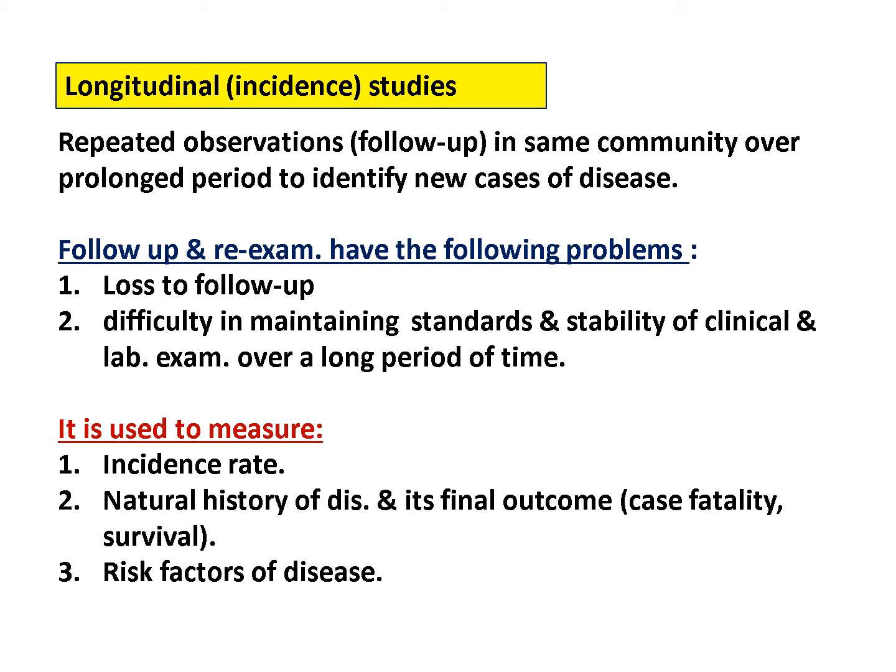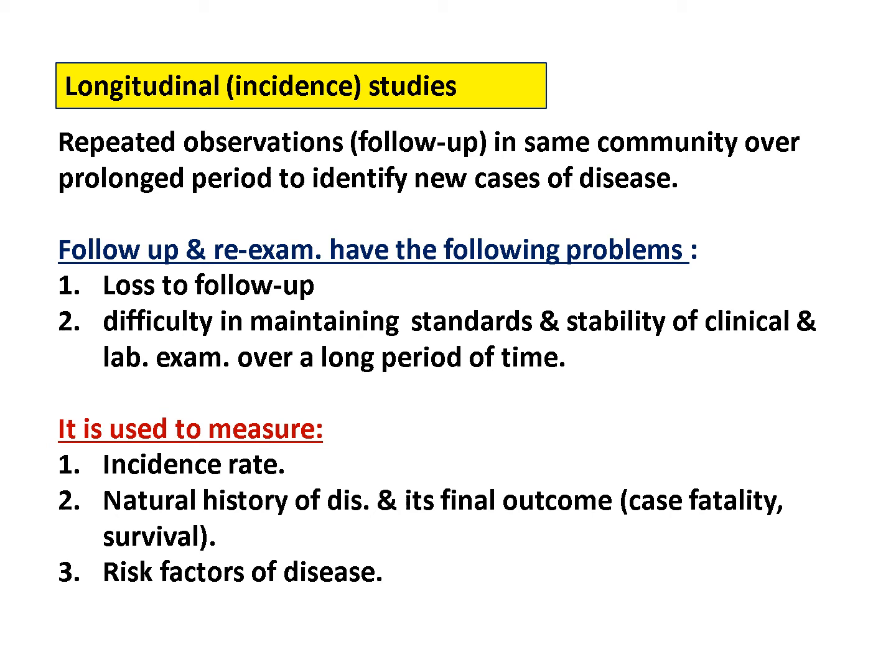So it is very useful, but it has disadvantages. It is used to measure the incidence rate, as we do in this case follow-up or repeated observation. Also, it is useful because it gives the natural history of the disease and its final outcome, like case fatality or survival, as we follow them from the beginning till the end.